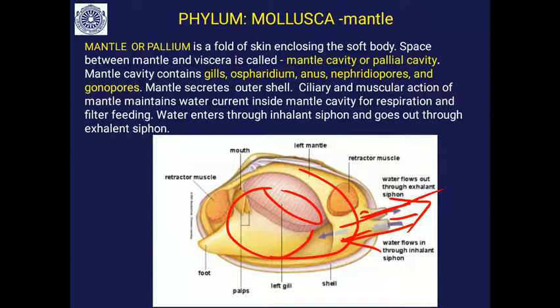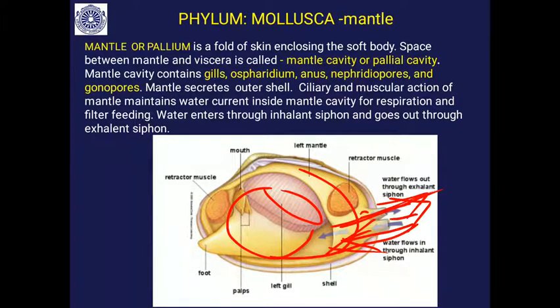So, this mantle secretes the outer shell. The ciliary and muscular action of the mantle maintains a water current inside the mantle cavity, which brings about respiration and filter feeding. Many molluscans filter the water. Water enters through the inhalant siphon and goes out through the exhalant siphon.